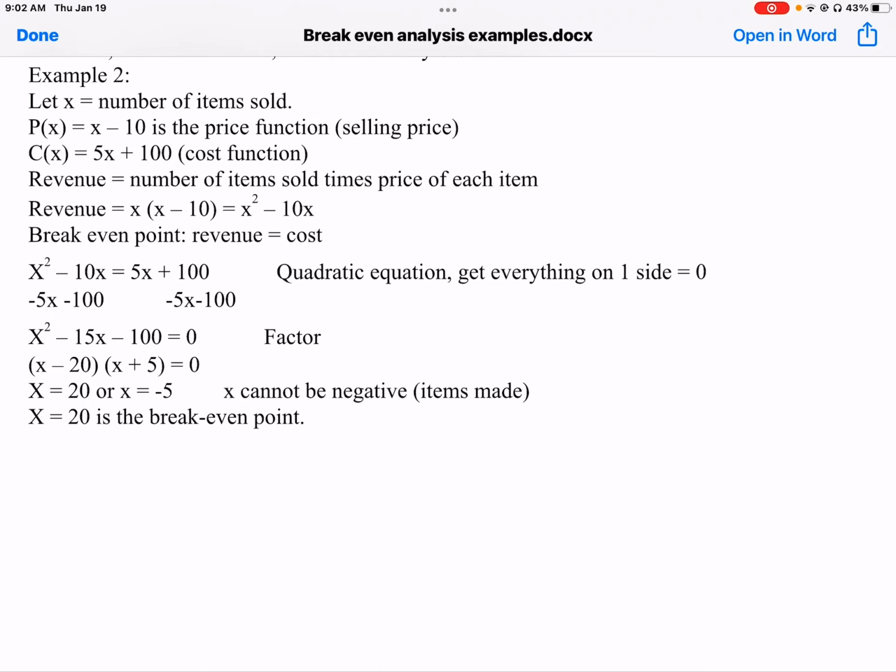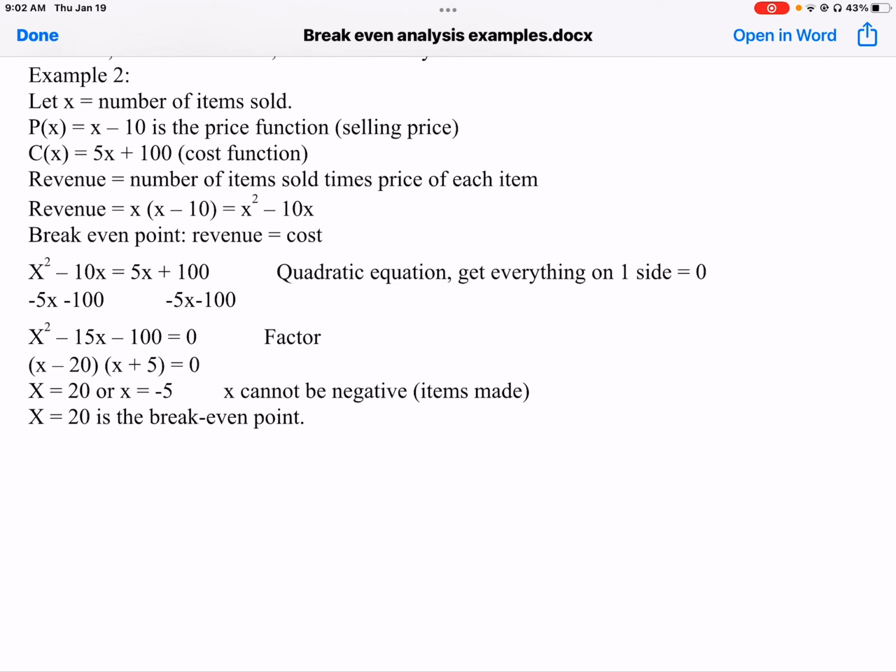Our X squared is the only X squared. On that left side, we have minus 10X minus 5X is minus 15X, and minus 100 is the only number. That would equal 0 on the right side because 5X minus 5X and 100 minus 100 equals 0.